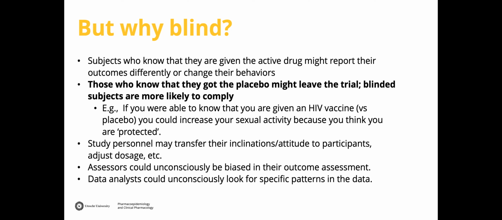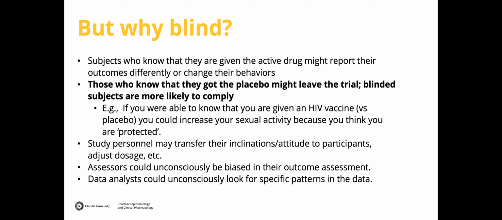It's also important to blind study personnel because they might transfer their inclinations or attitudes to patients and adjust the dosage of the medication. If a patient is in the intervention group and maybe it's not working quite well enough, a clinician might increase the dose for a patient to see if it might work better. We blind assessors because they can unconsciously bias their outcome assessment.